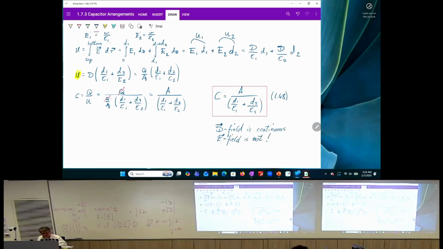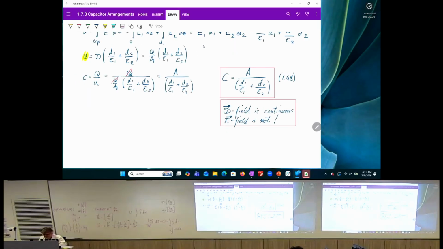There's a jump in the E field at the interface when we transition from epsilon 1 to epsilon 2. So if you look at this example, you have here your top layer, you have here your bottom. On the top, you have a charge Q plus. On the bottom, you have a charge Q minus. In between, you have two materials.